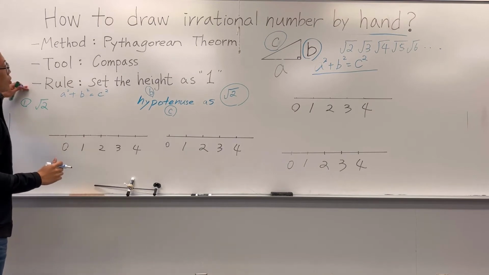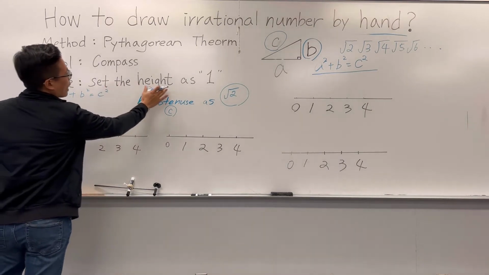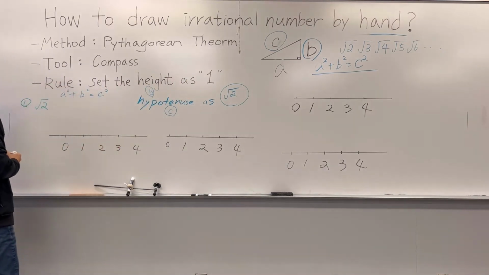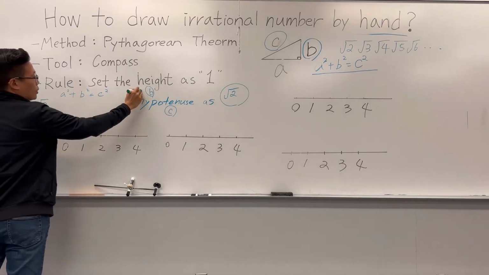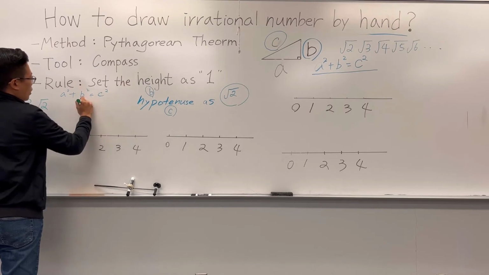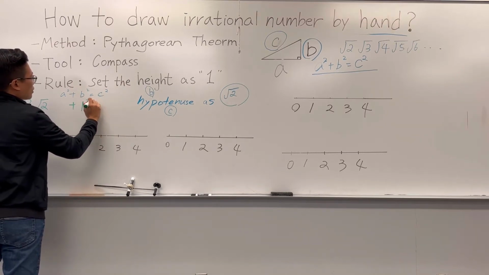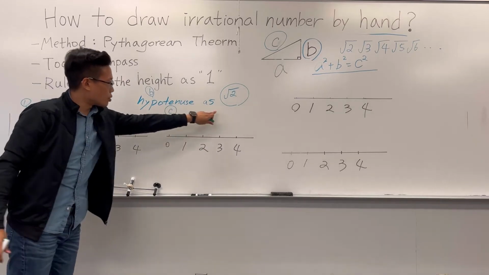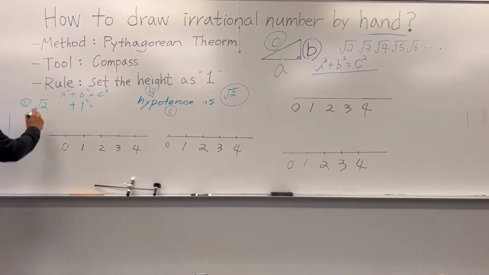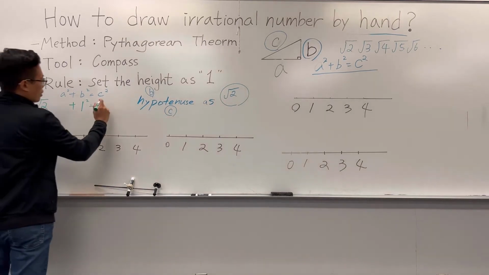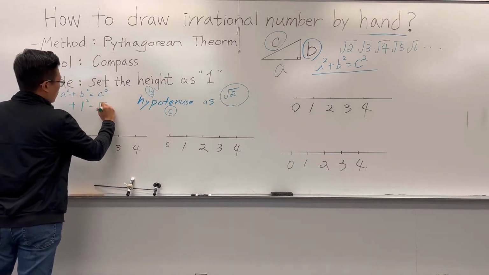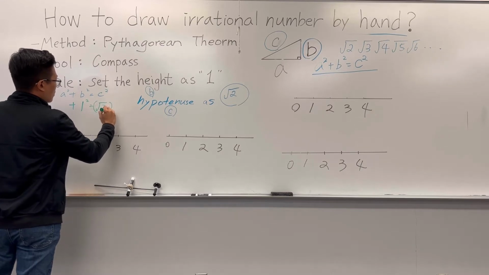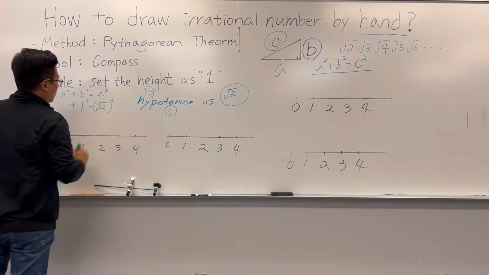Okay, followed by the rule: set the height, which is b, as 1, squared. And then set the hypotenuse as the number you are going to draw, that is the square root of 2. Square root of 2, okay? And here is a squared.